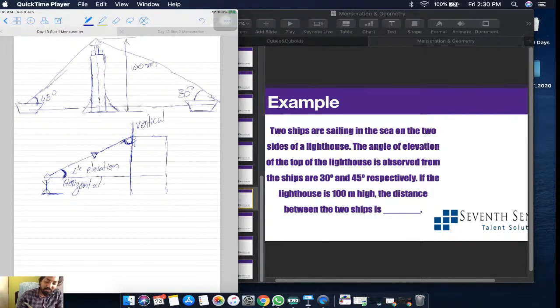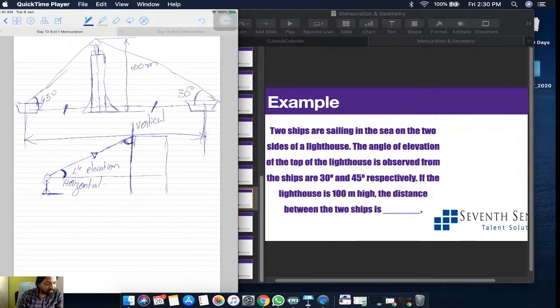You have to find this line and the sum of these two lines. That gives you the entire distance.